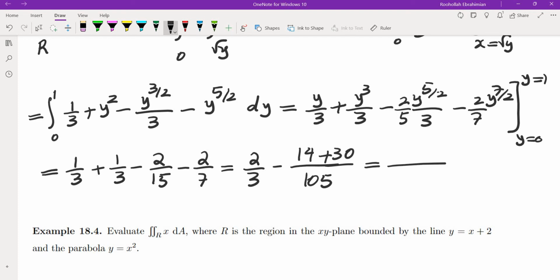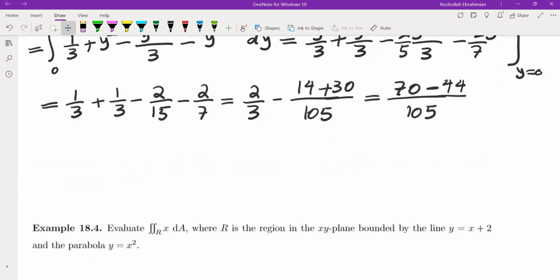So taking the common denominator of these two, we get 105. So 3 times 35, that's 105. So we get 70 on top minus 44. And once we simplify that, we get 26 over 105.